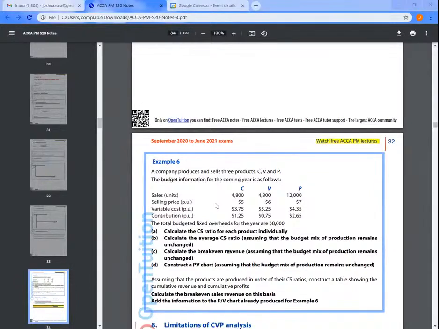Just check again your figures for contributions and the sales, and then we see where we've gone wrong. Somebody is saying this 6,000. Where is this 6,000?